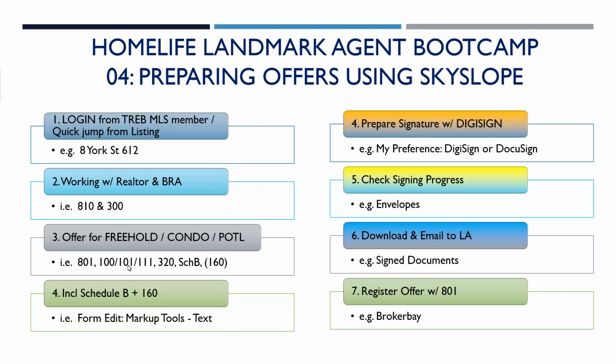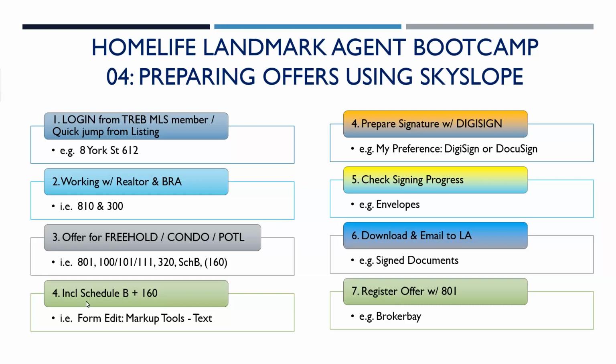So we're going to use 101 today, okay, and then the 320 is the confirmation of cooperation, and then Schedule B, and then the 160 is if you are the one related or you are buying, okay, that's the disclosure.